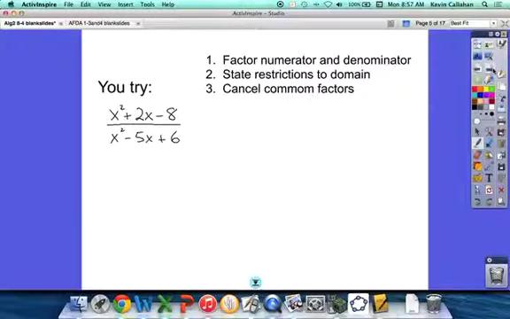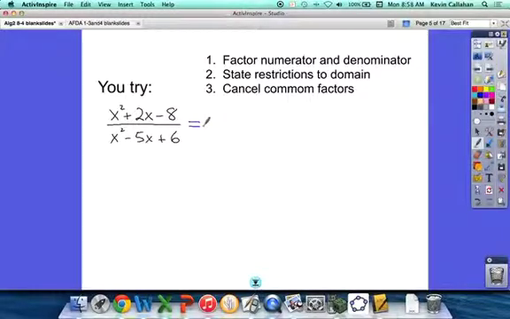Negative 4 times 4 is not negative 8. Factors of negative 8, meaning two numbers you multiply to get negative 8, you add to get positive 2. And even this one, negative 3 times positive 2 is negative 6. That's positive. So remember the thinking.